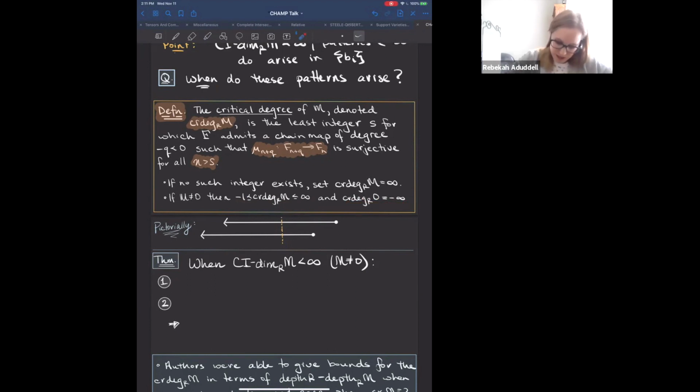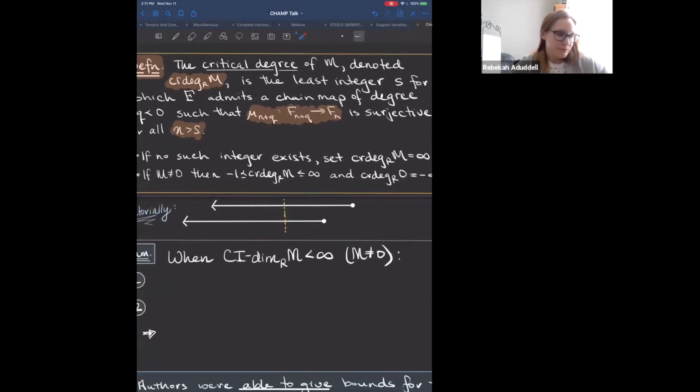So just to pictorially draw this, what we're saying is, if this is the minimal free resolution here, we look at some chain endomorphism on F that would admit a surjection, say here and onwards.